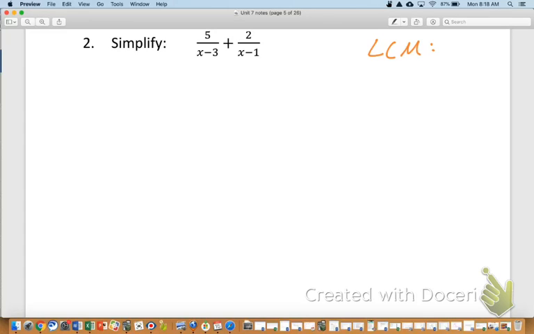Least common multiple, x minus 3 times x minus 1. It's those two separate factors being multiplied together. Because we don't know what the x is. Whatever the x is, well, that would maybe change our strategy a little bit, but we have no idea what it is. So the only way we know how to do this is to multiply those two denominators together to get your least common multiple.